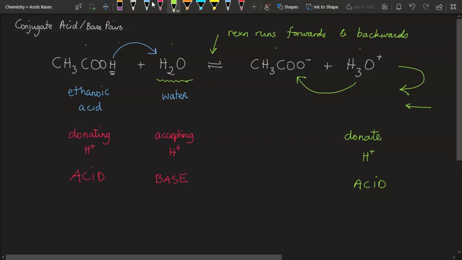This substance here on the left, which is CH3COO negative, is accepting the H+. How do we know that's accepting it? Because if we continue on this way, moving from right to left, it ends up becoming CH3COOH. So that means this is a base.